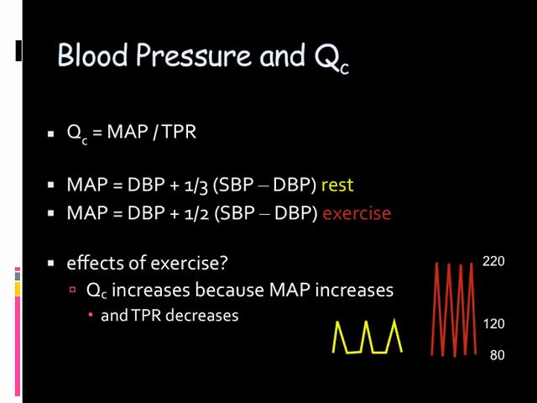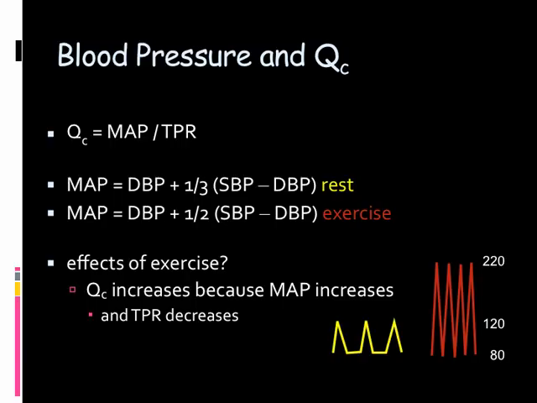That formula looks a little complicated, but what it simply says is, at rest, the mean arterial pressure, the average pressure, is 1/3 of the way above the diastolic towards the systolic. I've shown that in the lower right-hand corner in yellow there. You can see that blood pressure goes up to 120, down to 80, up to 120, down to 80.